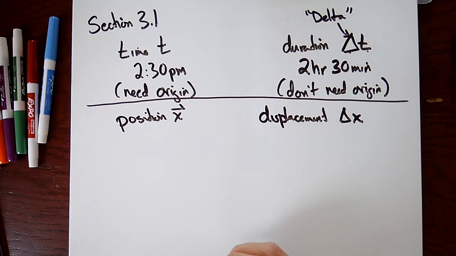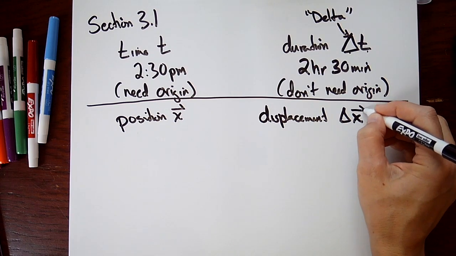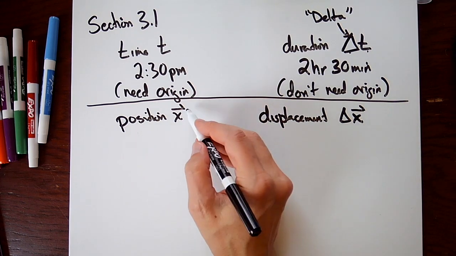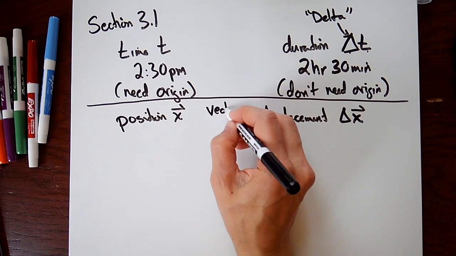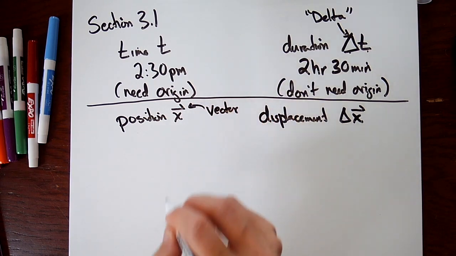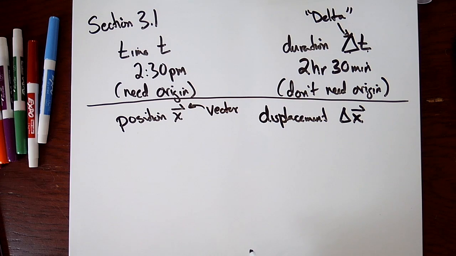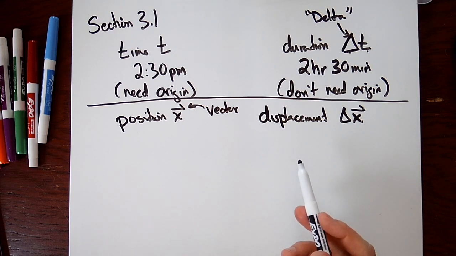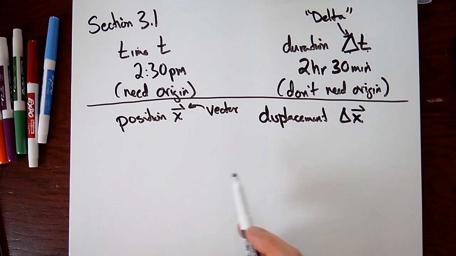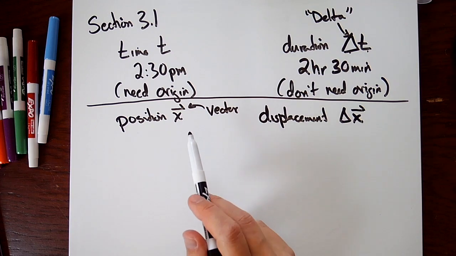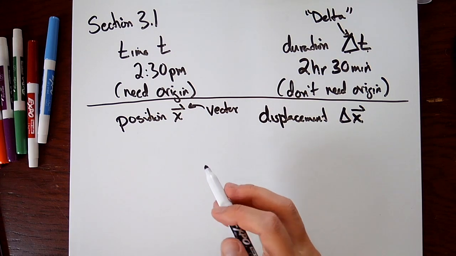So I'm going to put a little arrow on top of it, as is displacement. So that means vector, that little arrow. And what a vector is, it's something you have both a size, maybe 2 meters, and a direction, 2 meters to the north or 2 meters to the south. So if you have a vector, both the direction and the size are important.